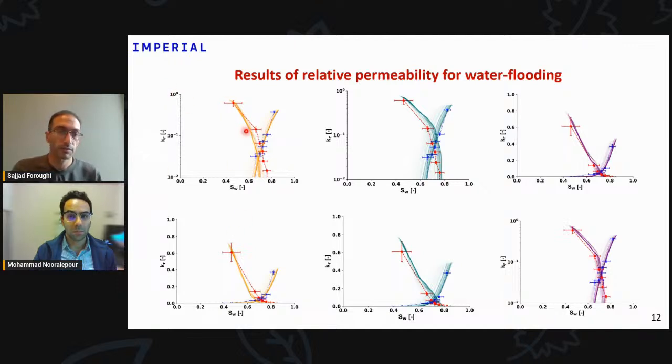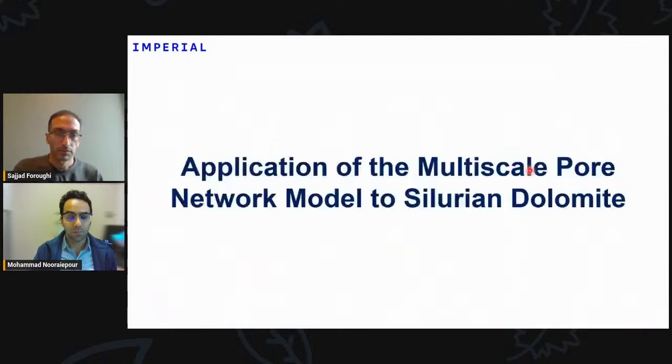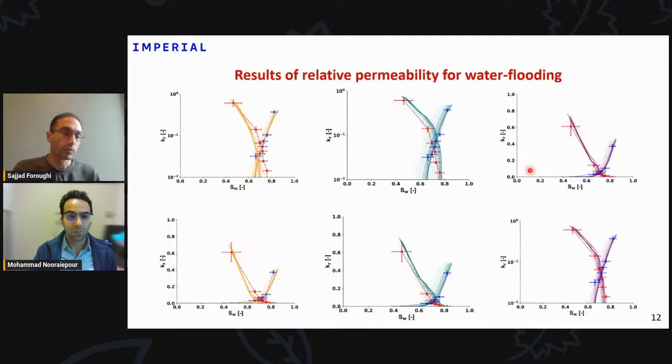Relative permeability is an important parameter for us, and we can see that the modeling results match very well with the experimental results that we have. So we are able to validate our workflow and our multi-scale pore network model for this Estaillades sample.